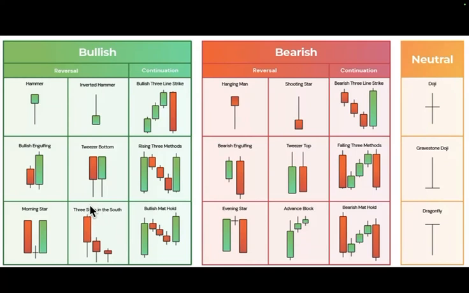It's a potential bullish reversal candlestick pattern that happens toward the end of a downtrend, signifying a potential shift in structure, signifying a potential shift in momentum, signifying a potential bullish reversal.